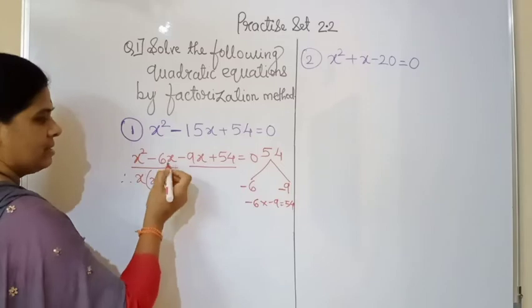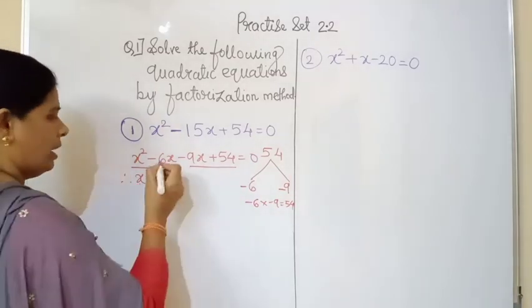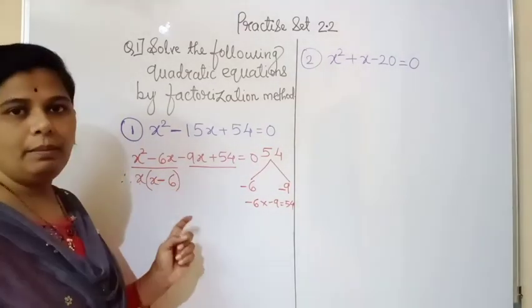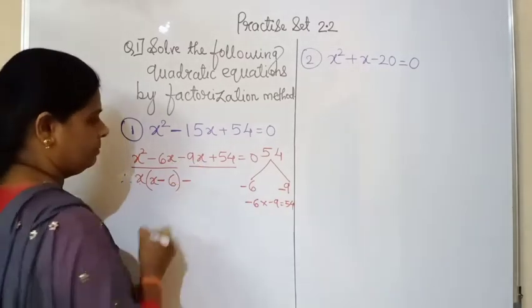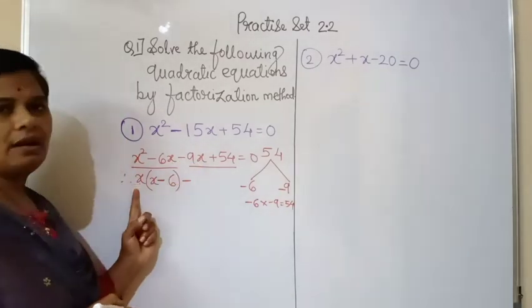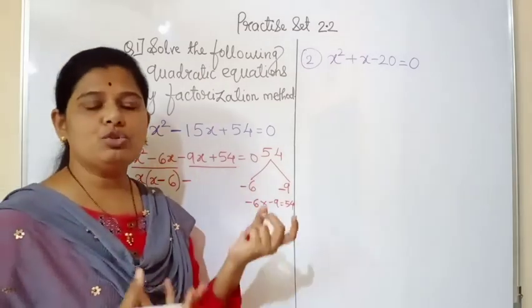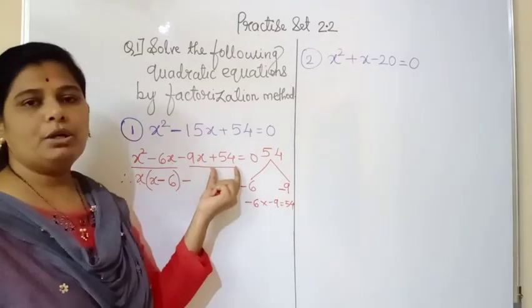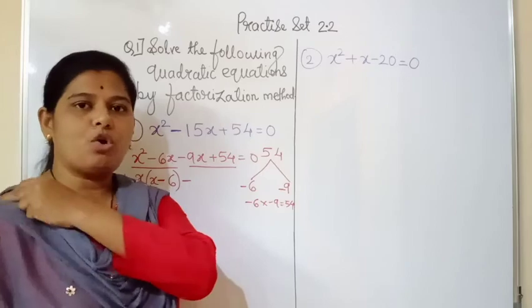Now 6x: this x we have already taken out as a common factor, so 6 will remain, so I will write 6 inside the bracket. Now the minus sign is there. In this second part there is no common x. Why? Because x is there with the 9, but there is no x with 54, so we can't take x as a common factor.